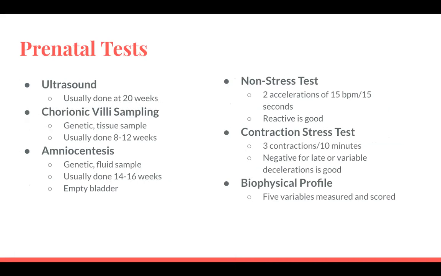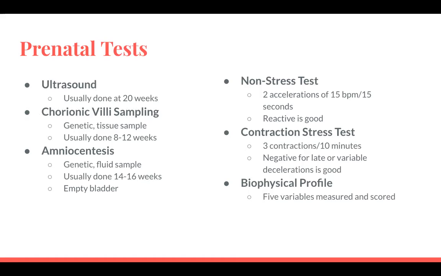You can have the mom drink 3 to 4 glasses of water and then come in with a full bladder to help the uterus be supported for imaging. Put a pillow behind the neck and knees to keep the pressure off the bladder. That's just a little background about it, but I would just know that you can determine gestational age with it.